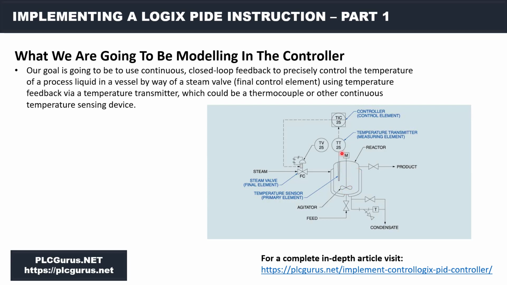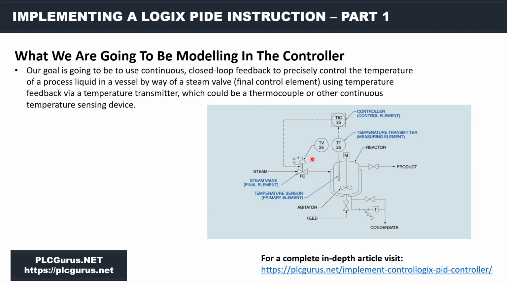With a liquid, we have some kind of thermocouple or some kind of temperature transmitter that's going to be giving us feedback to our controller. Okay, you can see that there. And the temperature indicating controller here is in effect our PID controller. Okay, so we have a vessel with a processed liquid. We're using, let's just for argument's sake say, a thermocouple. That's going to be giving us our temperature feedback of that processed liquid.